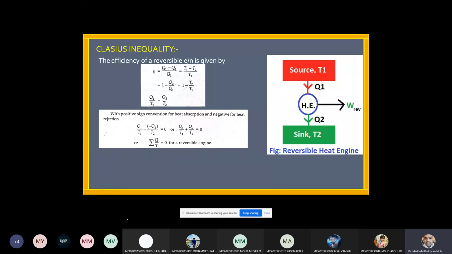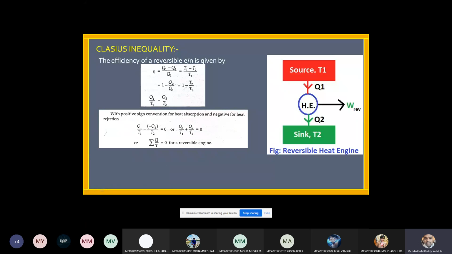Now, we already studied how to calculate the efficiency of the reversible heat engine. Just go through the slide here.